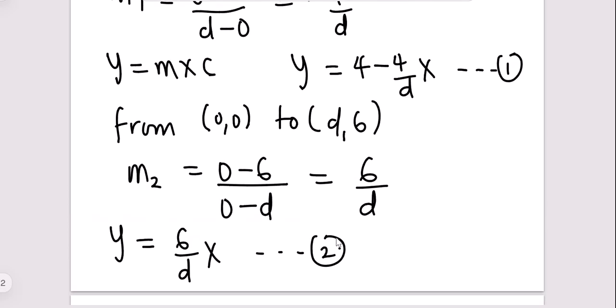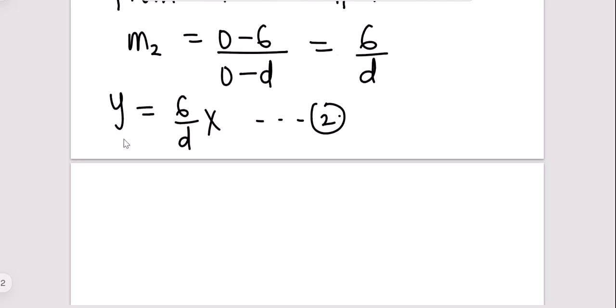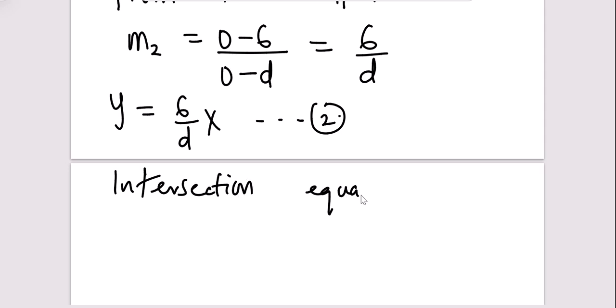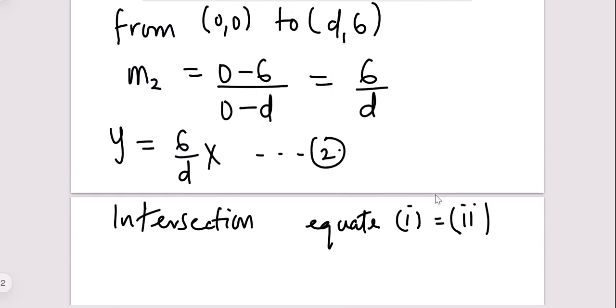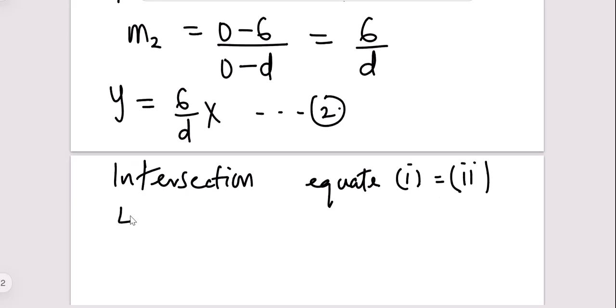Now let's equate equation 1 and equation 2, that is, to find the intersection. So we equate our first equation to the second equation. Recall that the first equation is 4 minus 4 over d x, which is to be equal to 6 over d x.